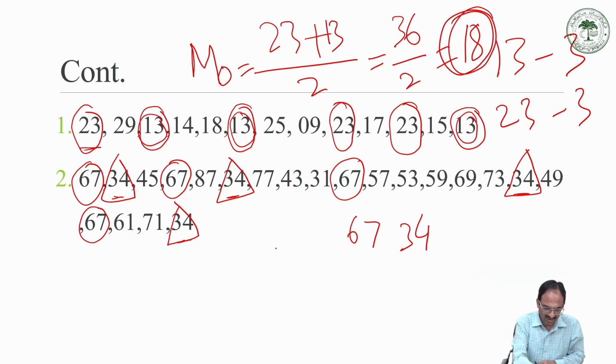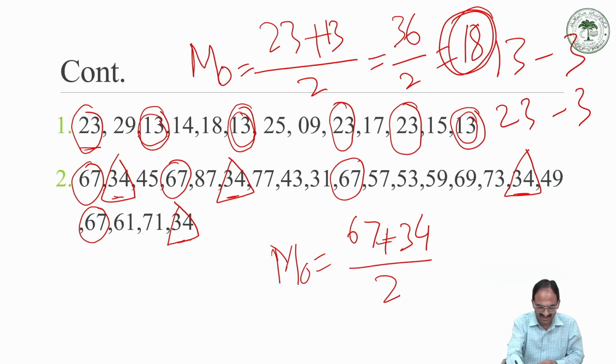So finally, in order to calculate the mode, you will find the mean of these two numbers. How will you find the mean of these two numbers? Definitely you will sum them up, that is you will sum 67 and 34, and whatever the sum comes, you will divide it by 2.